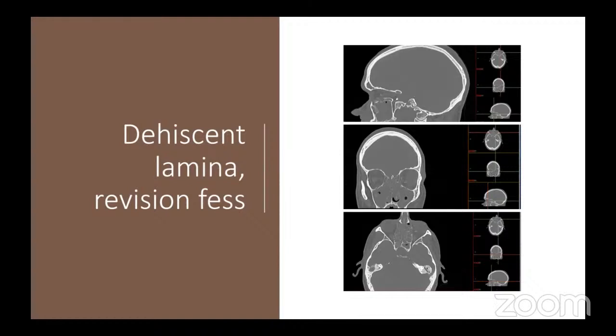This is a revision polypectomy patient with dehiscent lamina papyraceae in this coronal image with extensive nasal polyposis. These are axial images with dehiscence. These are sagittal images. Careful attention should be given when removing the polyps near the left eye to prevent any damage to the orbital structures.